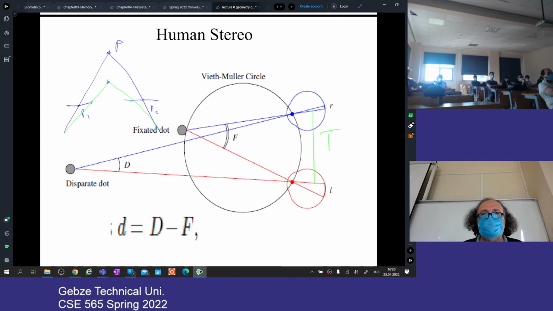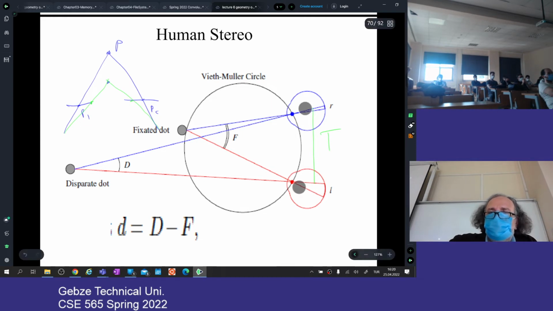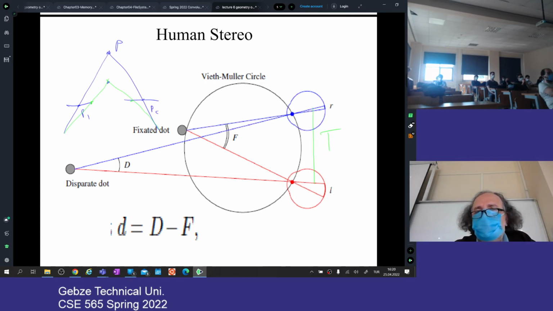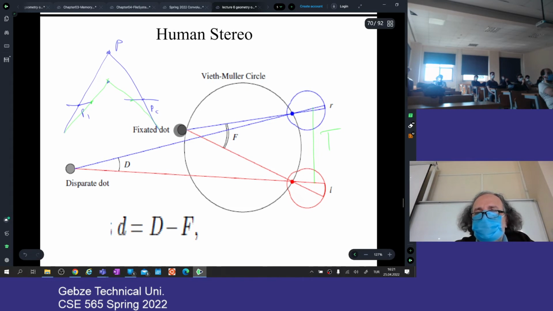Okay, so how is it going to work? They say that it works this way. If the eye orientations are fixed, their principal axes will intersect at some point here. Okay, so if there is an object in your vision, well, by the way, for any point on this circle, there is a circle, right?